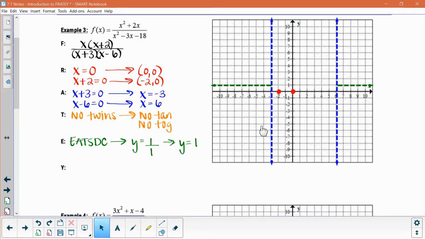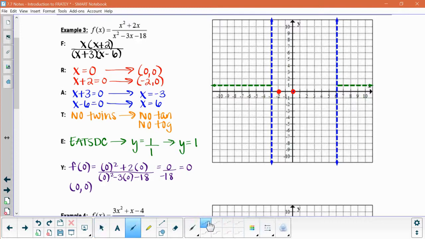You are welcome to. Just remember, it is something that we can cross, unlike our vertical asymptotes. For my y-intercept, I plugged in 0 everywhere that I saw an x into my original problem. That gave me 0 over -18, which produces a y-intercept of (0, 0), which I already have from my x-intercepts. So now let's get drawing our curves.